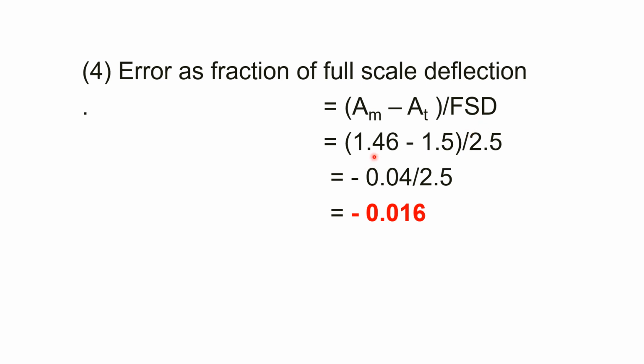Okay, so the absolute error we have calculated as AM minus AT, which is 1.46 minus 1.5, that value is minus 0.04, divided by the full scale deflection given in the question as 2.5 volt. So I have substituted 2.5. So my answer for that is minus 0.016. Thank you.